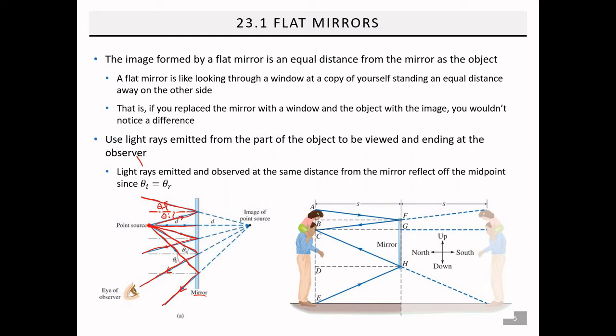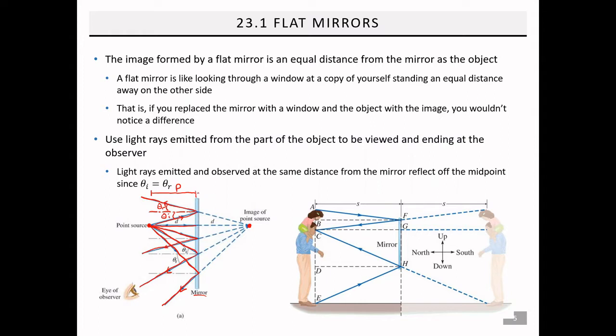Okay, so the work has already been done for us. All of these outgoing light rays have been traced backwards in straight lines, and they all meet at one location. This location is the image location. The object distance, P, is the distance from the object, the point source, to the mirror.